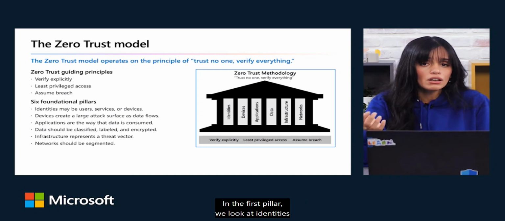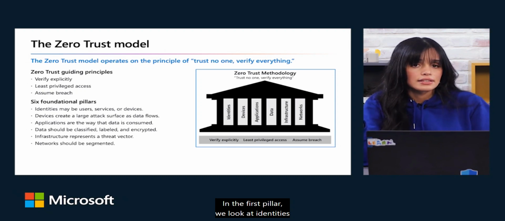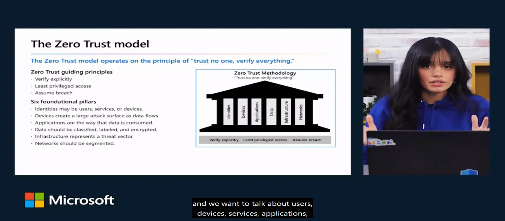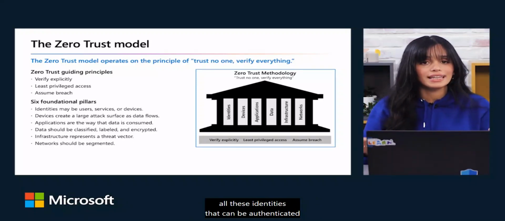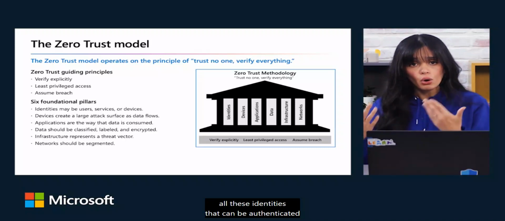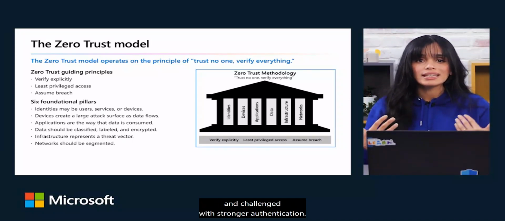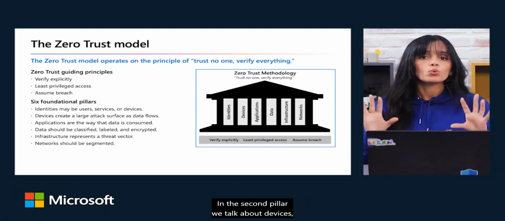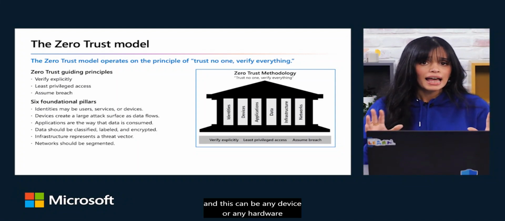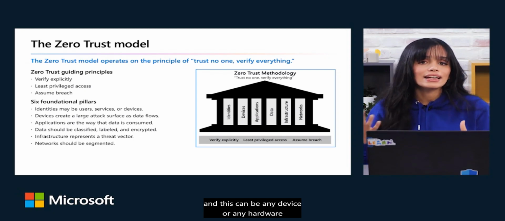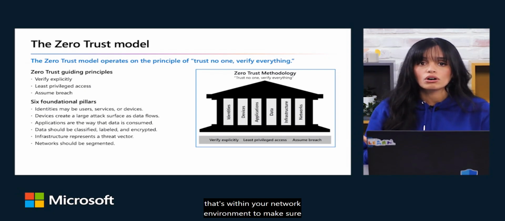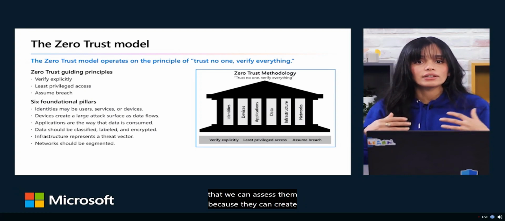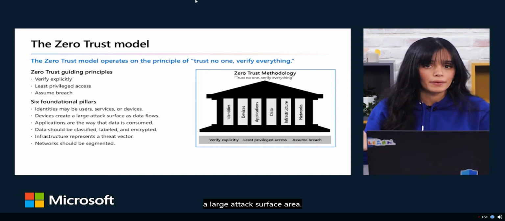In the first pillar, we look at identities, and we want to talk about users, devices, services, applications, all these identities that can be authenticated and challenged with stronger authentication. In the second pillar, we talk about devices. This can be any device or any hardware that's within your network environment, to make sure that we can assess them because they can create a large attack surface area.